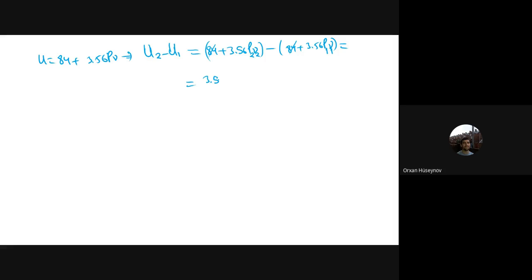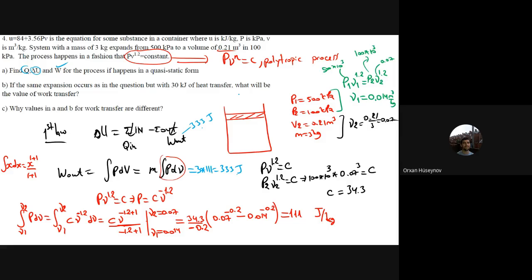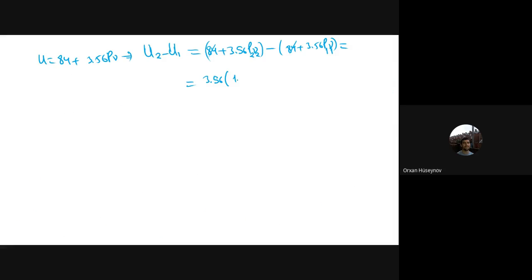And the 3.56 is multiplied with P2, which is 100 times 10 to the power of 3 multiplied with nu, which is 0.07, minus 500 times 10 to the power of 3 multiplied with 0.014. From here, you will get the value for delta U.